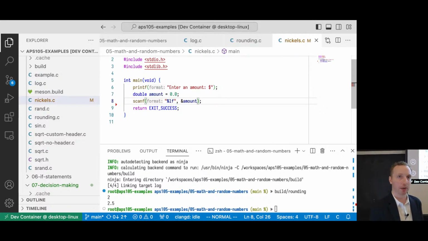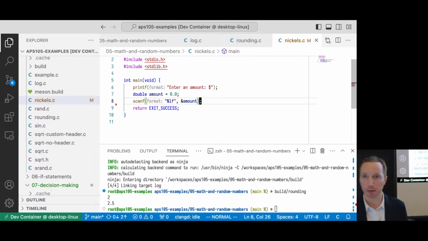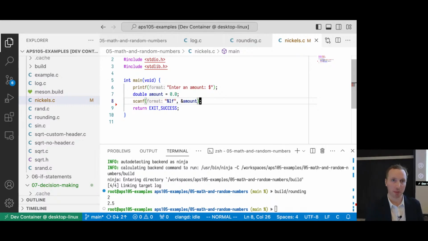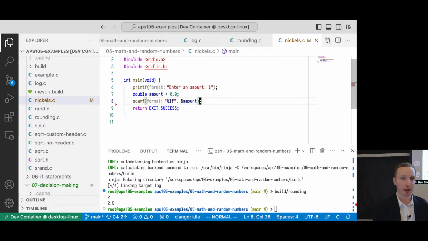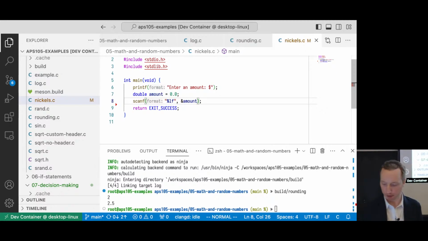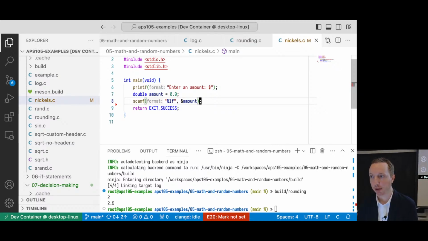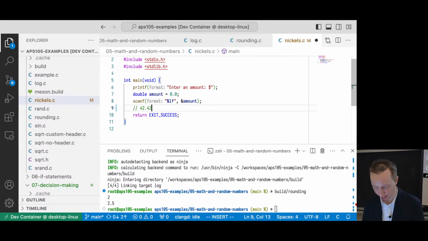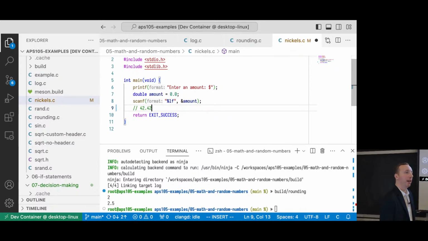So my input is going to be some dollar amount. Someone give me any old dollar amount that we want to round to the nearest nickel. $42.42. So if that is my input, then I have to think about what my output would be.